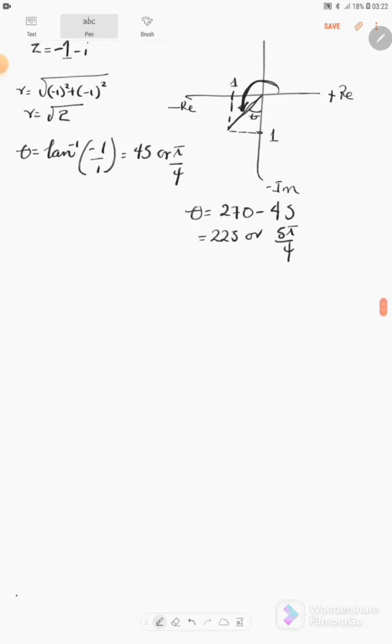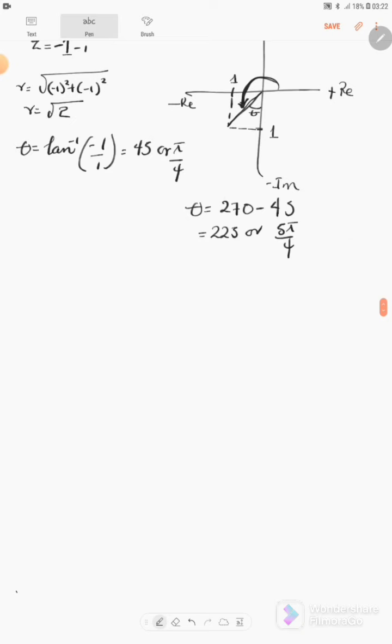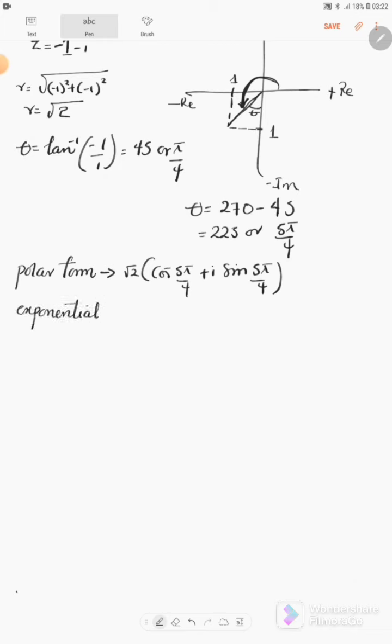Now taking it into polar form, we have our r as root 2 open bracket cos theta, where theta is 5 pi over 4, plus i sin 5 pi over 4. And our exponential form, we have root 2 exponential i theta, where theta is 5 pi over 4.